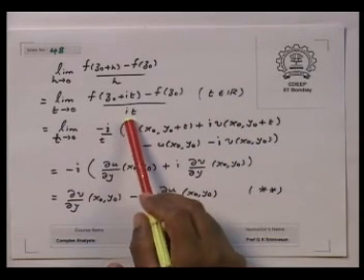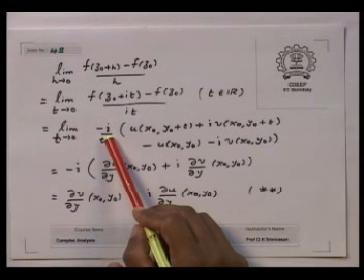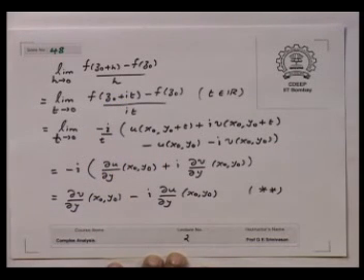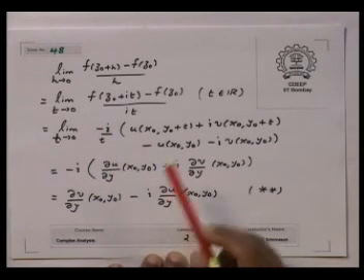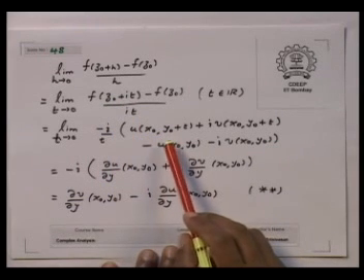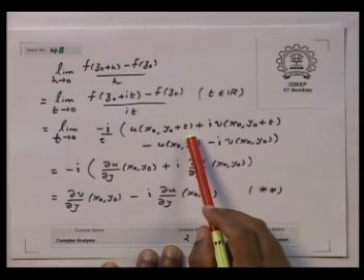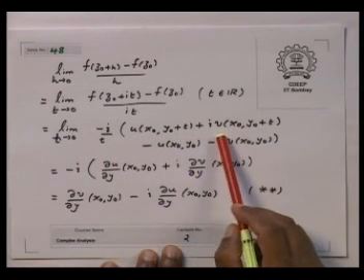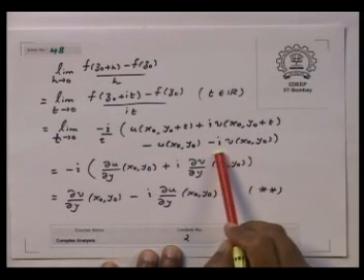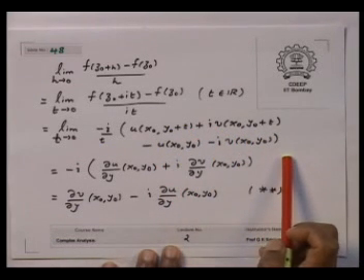Again, 1 over i is minus i, so we get minus i by t, times f of z naught plus i t, which is u of x naught comma y naught plus t plus i times v of x naught comma y naught plus t, minus u of x naught, y naught minus i v of x naught, y naught.